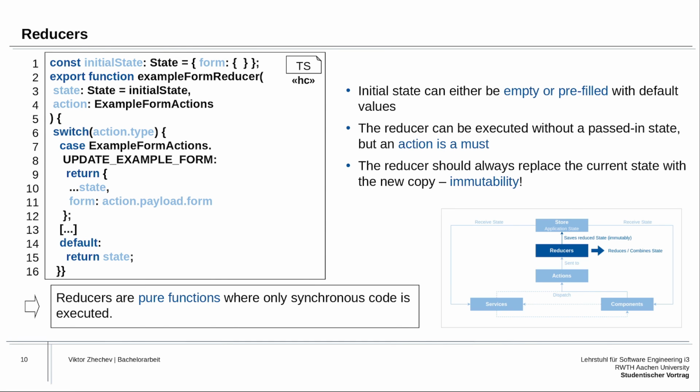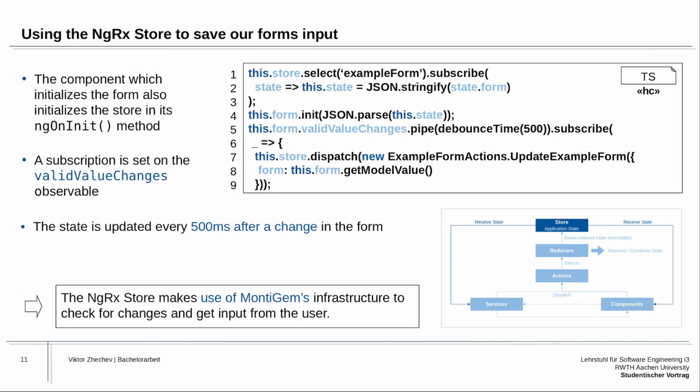By copying and overwriting the old state with its new modified copy, we assure immutability and that all of the subscribers receive the changes. In order for the NgRx Store to function, every form first subscribes to the store by specifying which part of the state it wants to receive updates for. Then it receives the model and it initializes the form with it. If this model is empty, MontiGem has internal tools and functions to determine what controls a form contains.